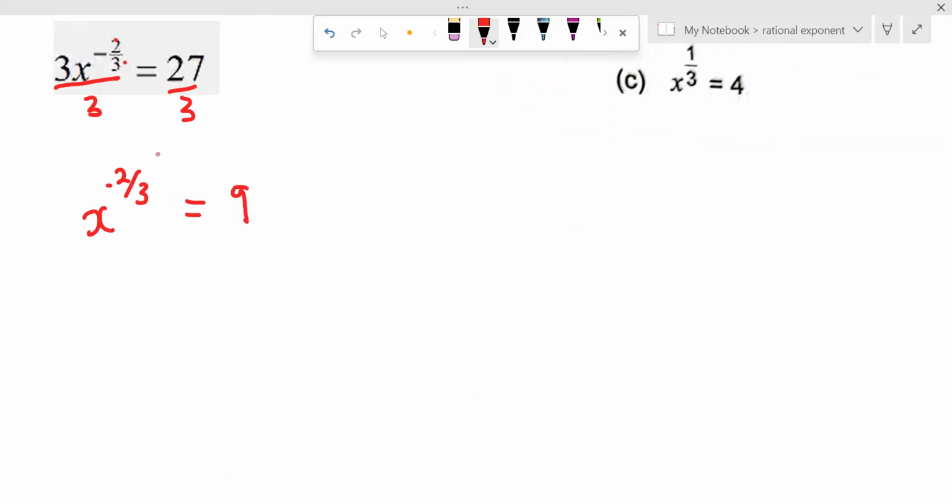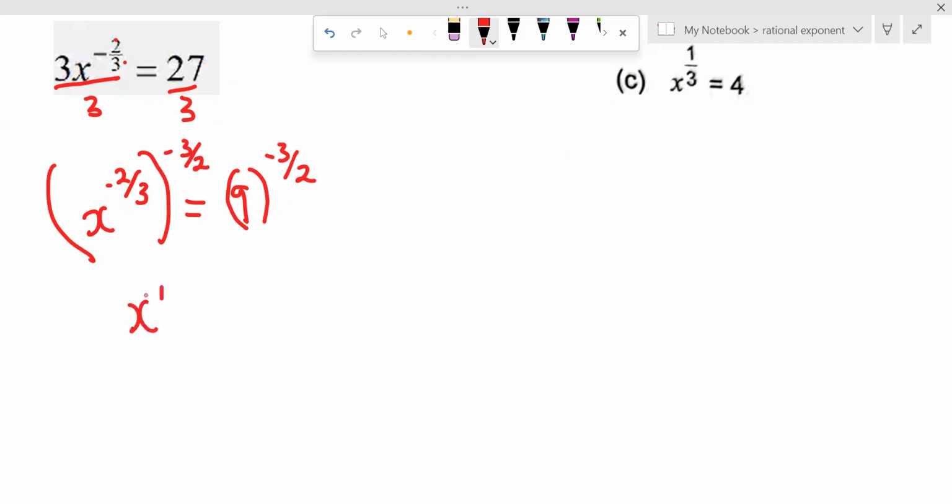Now we only have x as the variable, so we can remove the exponent. To remove the exponent, we multiply both sides, not with -2 all over 3. We're multiplying with what? -3 all over 2. And on this side, we also multiply with -3 all over 2. Then this and this give us x to the power of 1.